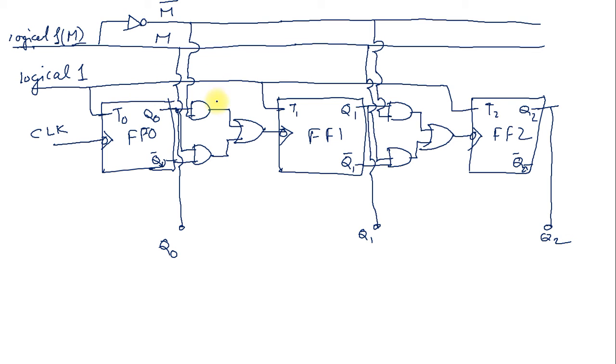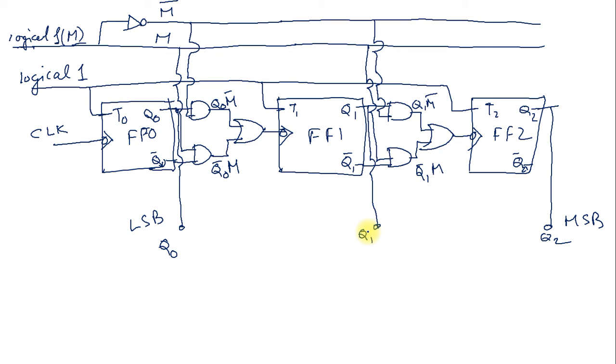So here it is Q naught M complement, and here it is Q naught complement M. The addition of these provides the clock of the next level. And same here as Q1 M complement and Q1 complement M. The addition of these is provided to the clock of the next level. So this one is the LSB, this one is the MSB.